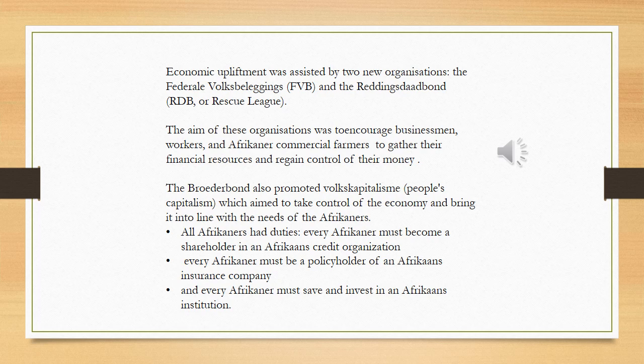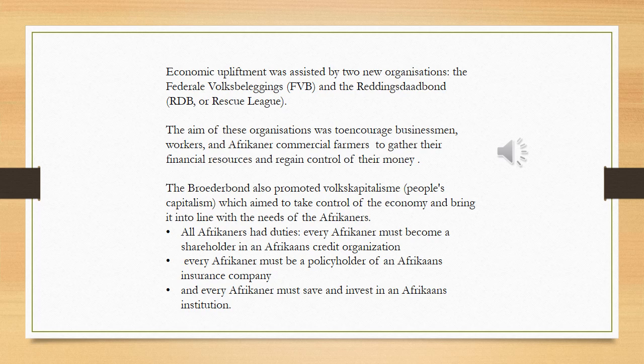So now all Afrikaners had duties. Every Afrikaner must become a shareholder in an Afrikaans credit organization. Every Afrikaner must be a policyholder of an Afrikaner insurance company. And lastly, every Afrikaner must save and invest in an Afrikaans institution.